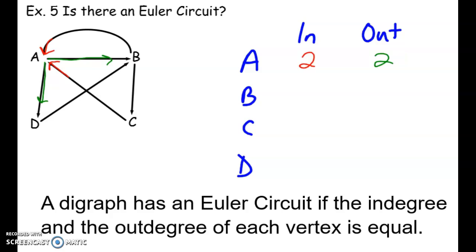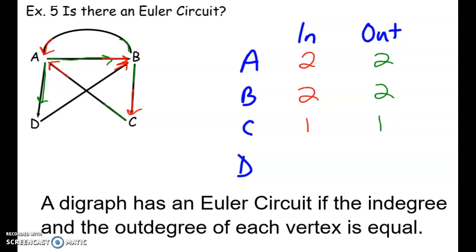Okay, so then look at B. B's got 2 going in and 2 going out. C has only 1 edge going in and 1 edge going out.